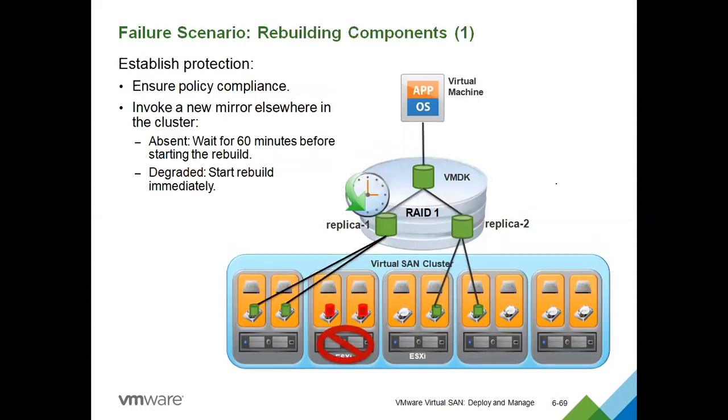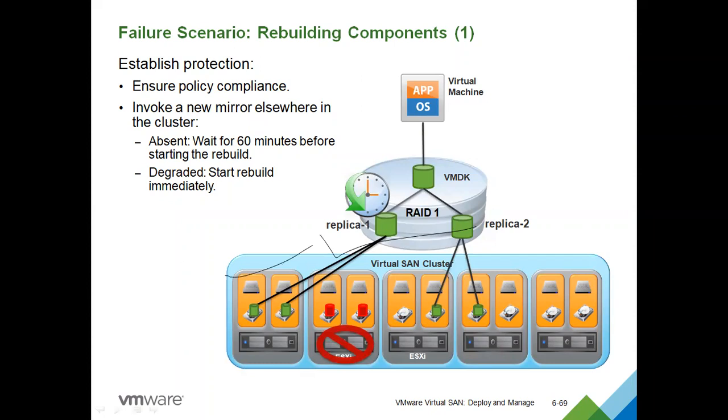Yes, sir. So here it is rebuilding the component. Rebuilding means if any component is absent for more than 60 minutes, it will start to rebuild. Just a simple example here: if it is considered as degraded, it will not come back. So your vSAN is pretty smart. It will not keep it as it is. It will start to rebuild because it needs to create your RAID as healthy. So to make a healthy environment, it will create another replica on another available ESXi host.